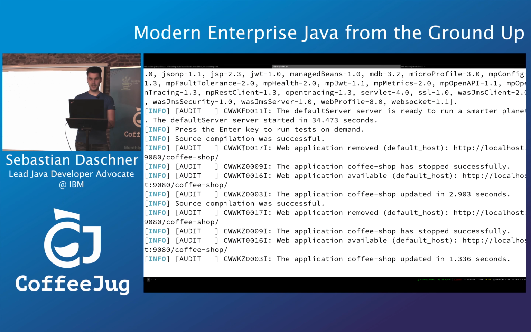Why did it show up right now? Because this plugin actually checks for file changes in my project. So it knows about the Java Maven structure, and it says, oh, by the way, you just added a new class, so I have to recompile the source.